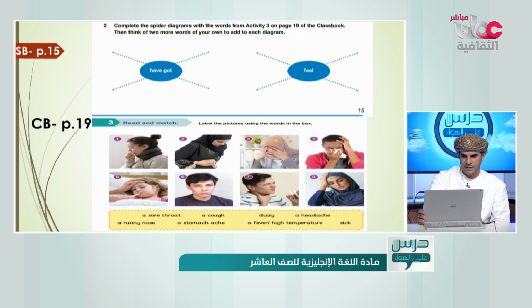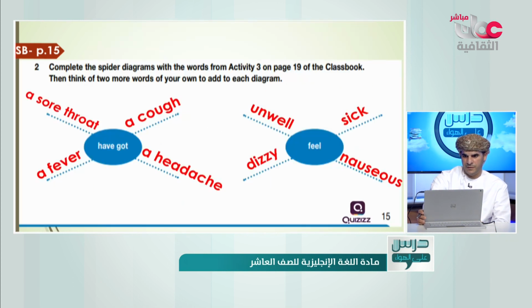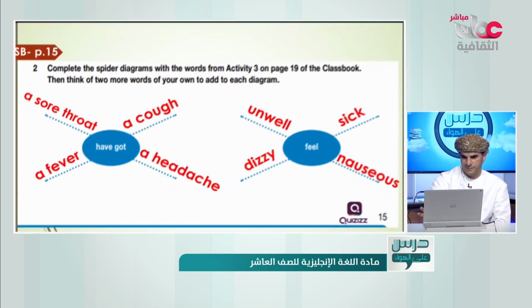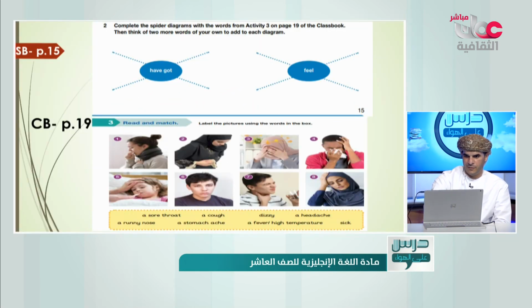Remember our activity about the diseases that we have here? I want you to use them to complete this diagram. Complete the spider diagram with the words from activity 3 on page 19.